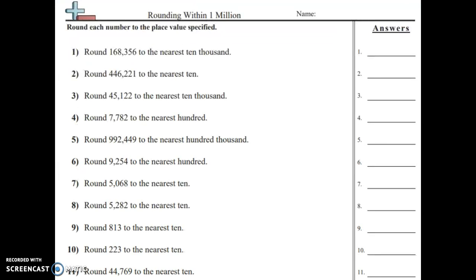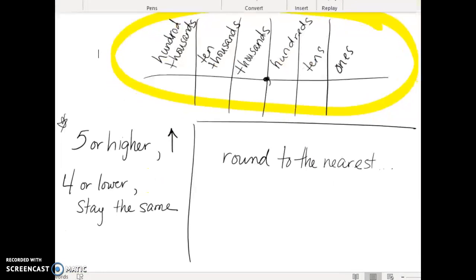Number 2, it says round 446,221 to the nearest 10. So let me write that down. Nearest 10, 446,221.